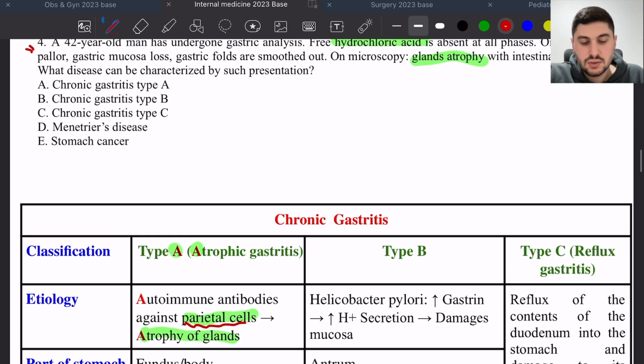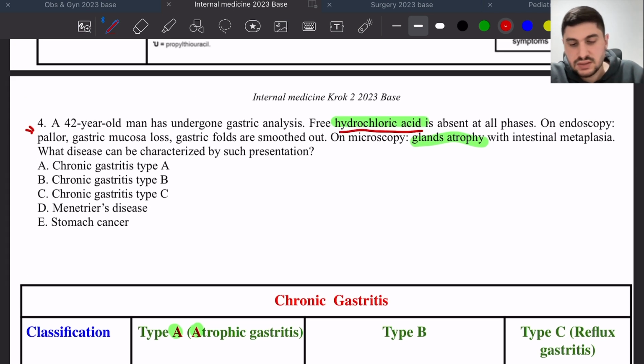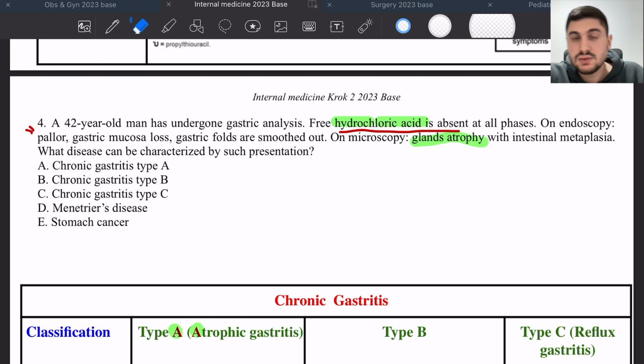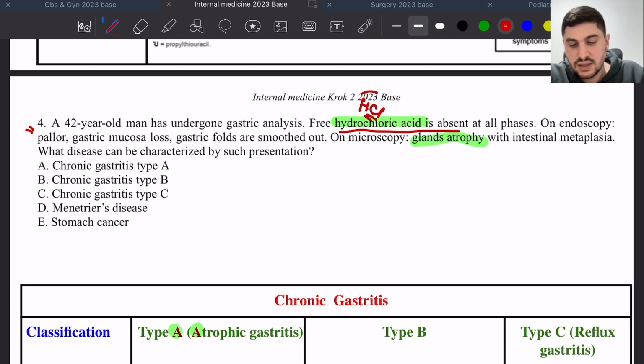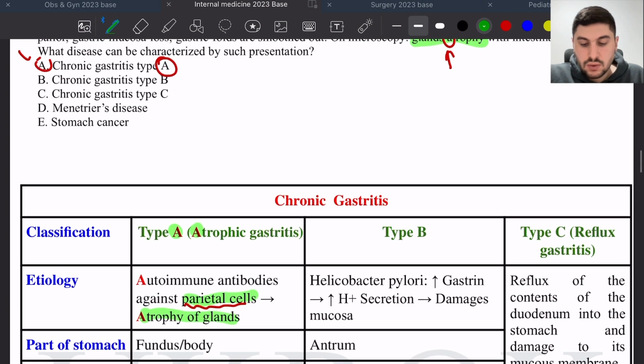Right? So when they tell you in the question that hydrochloric acid is absent, which is the acid of the stomach, then it means there is a problem with the parietal cells, one of the characteristics of gastritis type A. If you find this hard to memorize, then type A, atrophy. Whenever you see in the question atrophy, it's gastritis type A. Gastritis type B is more common.